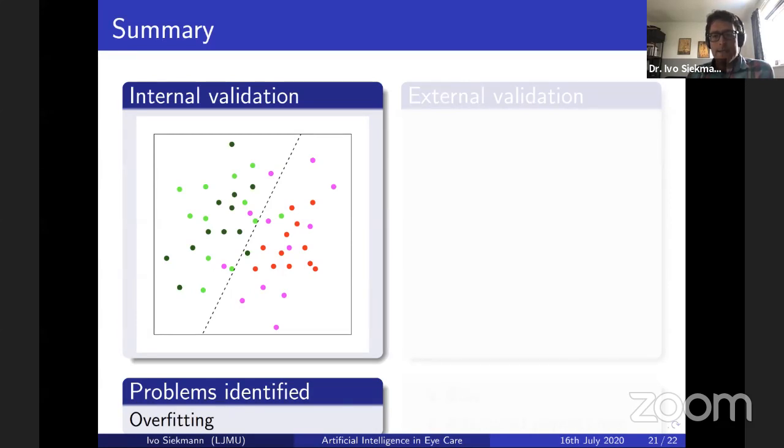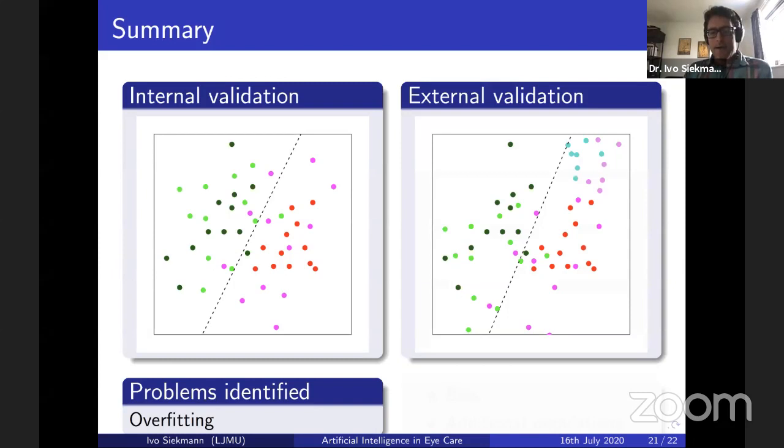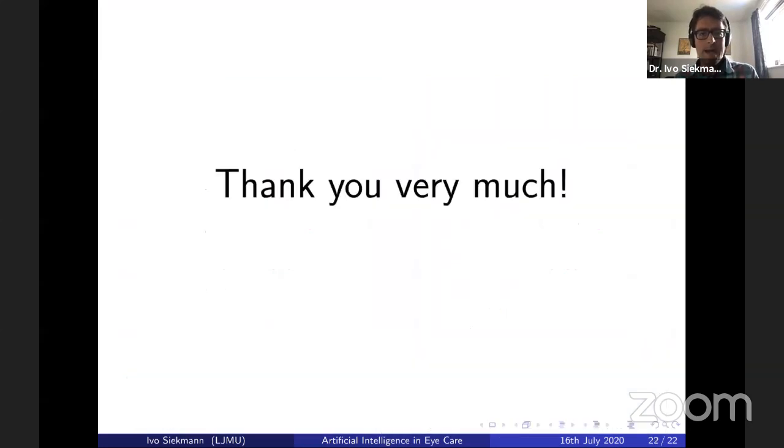But in practice, when you have new data, external validation would be quite valuable because external validation will also show you things that are genuinely different in true data because they didn't appear in your test data. So for example, here you have a slight bias and an additional population, so you would also be able to detect this.